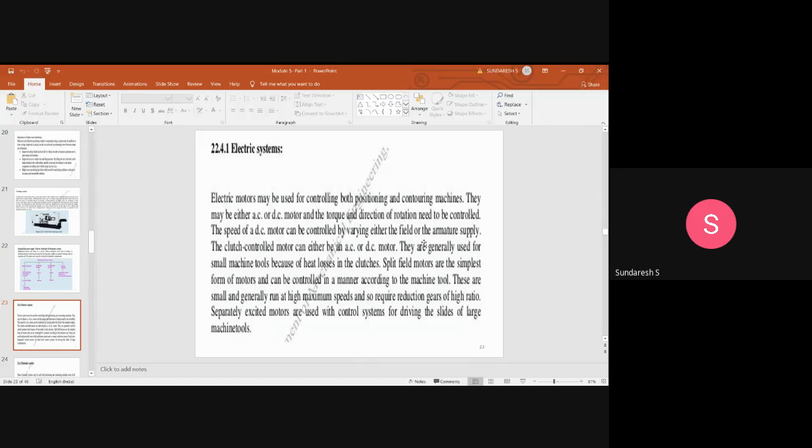Electrical systems basically means motors. These motors are meant for controlling both the positioning and contouring machines. Whenever you want to position a machine or contour, the controlling of the positioning and contouring machines is done by means of electric motors.